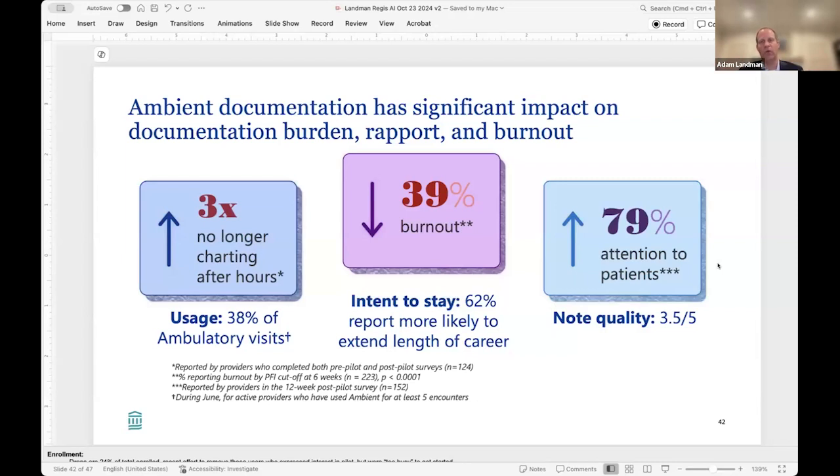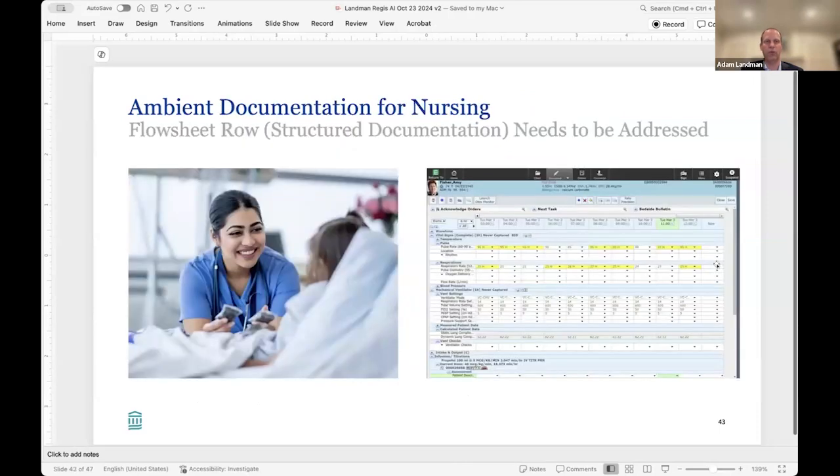It's 80% more attention to patients. So these are very impressive for what they're measuring, results that we've not seen with any other interventions in this space. I will share, these are still early results. We've not finished our full pilot and analysis, so take these with a grain of salt until the full analysis comes out, but it is clearly signaling a very positive impact of these tools.